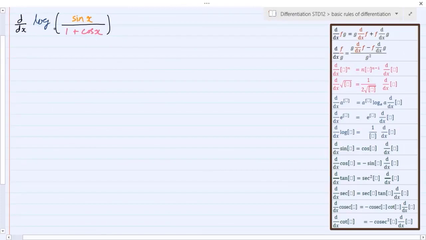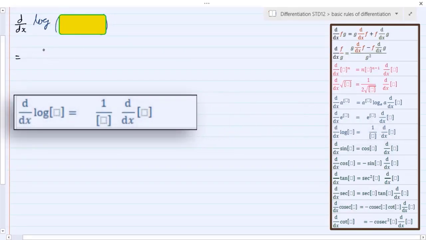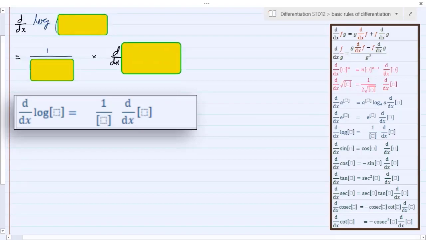Here we have to differentiate log of sin x upon 1 plus cos x. Your log is the outermost function, so rest of the functions will be considered as an inner function. So let's consider box around it. So we just have to differentiate log box, which is 1 upon box into d by dx of box.